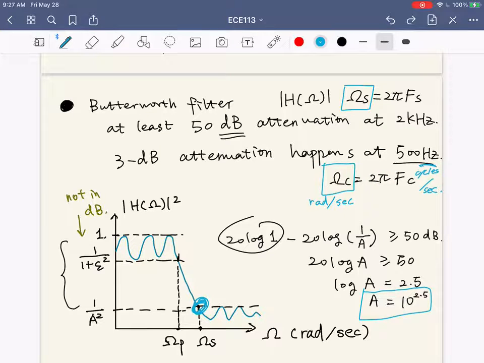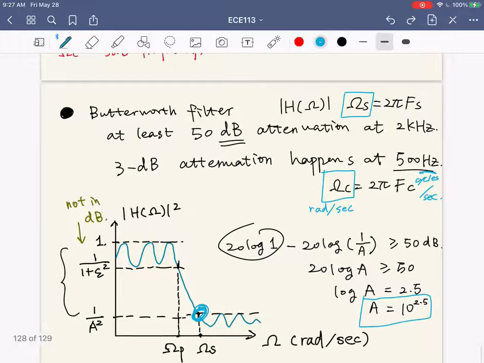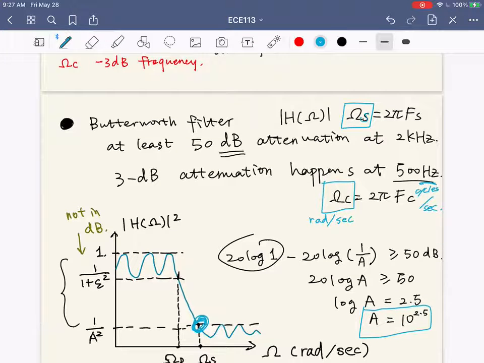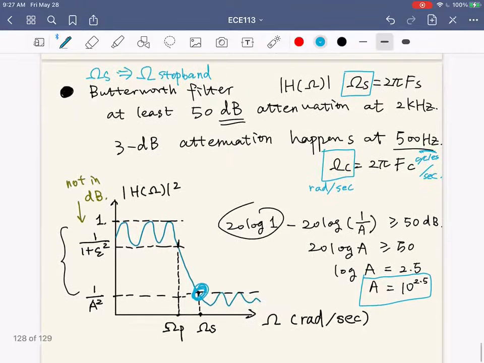The sampling rate will come into place when, oh, you mean when the Fs is the stop band? Yeah, we're working in the analog S domain, so we don't need a sampling rate here. Exactly. It's a bit confusing here because the stop band is also annotated with S. So omega S means omega stop band, and we're not discussing any sampling rate here.